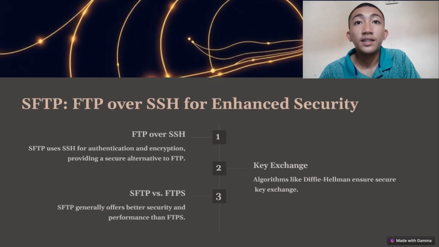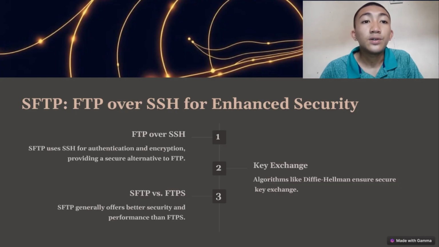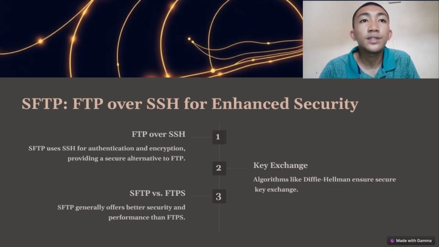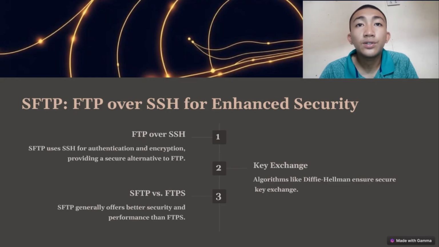FTP over SSH for enhanced security. SSH, or Secure Shell, is a network protocol that provides a secure way to access a remote computer over an unsecured network. It uses encryption and strong authentication to protect data transmission and ensure only authorized users can access the system.